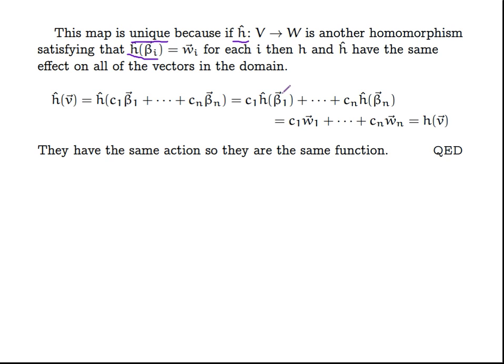However, I have to have that h hat sends beta i to wi. So I know that h hat of beta 1 must be w1, h hat of beta n must be wn. And this is what I defined h of v to be. So the upshot is I can't escape: if I want to have a homomorphism that maps basis vectors to a set of particularly specified vectors, there's only one possible homomorphism that does that, and I can define it in this way.